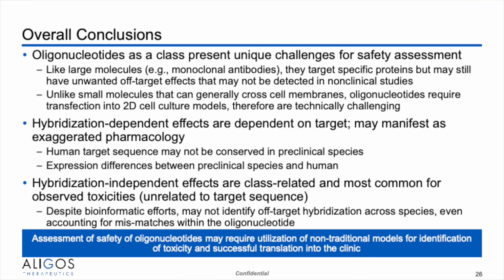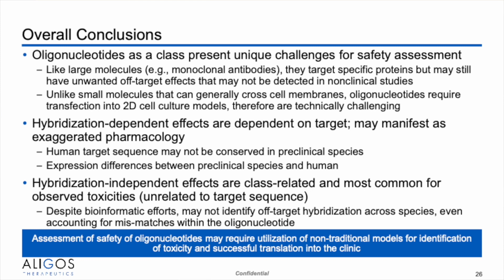So overall, the conclusions here: oligos as a class actually present pretty unique challenges to try to assess safety. They sit somewhere in between a large molecule like a monoclonal antibody and a small molecule.